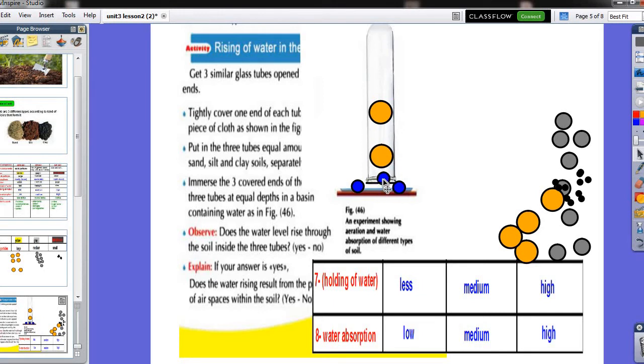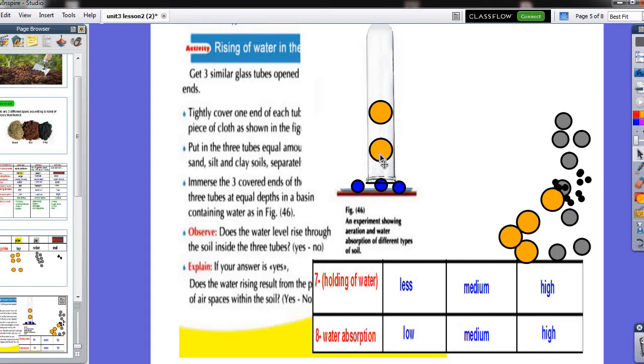I will observe that the rising of the water is less or low, because the holding of the water is low, because we have large space or large distance between the particles of the sand, as we see. So here the holding of the water is less.